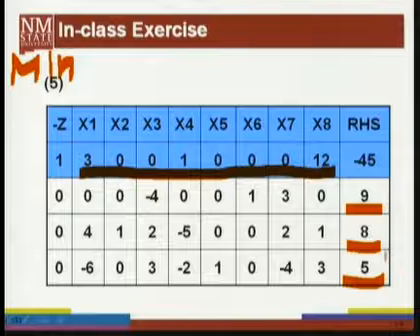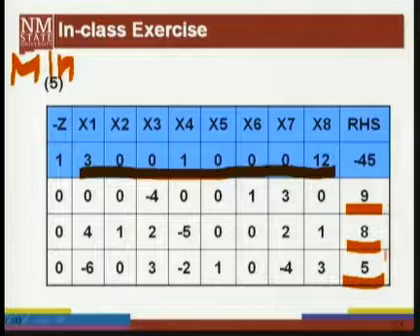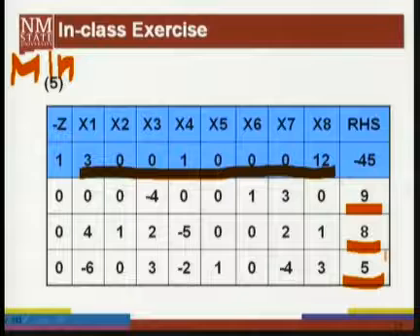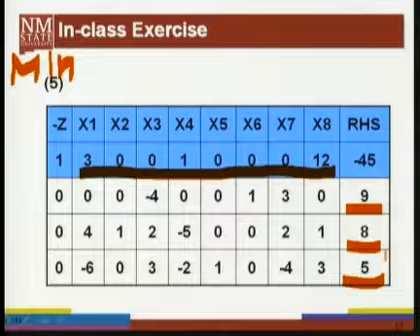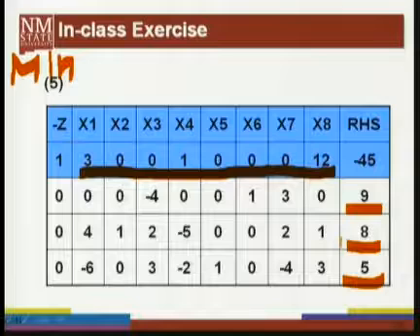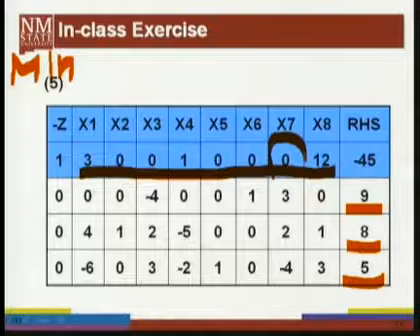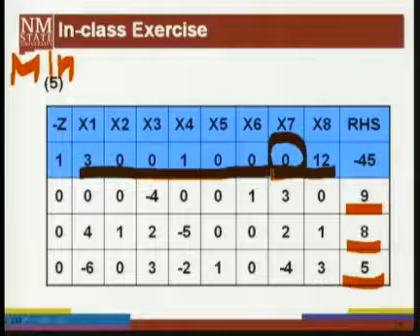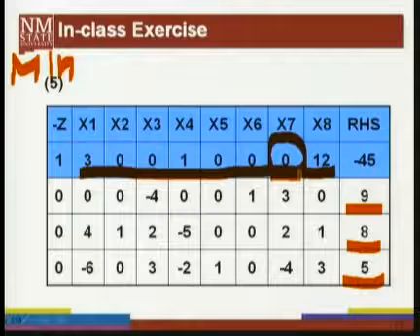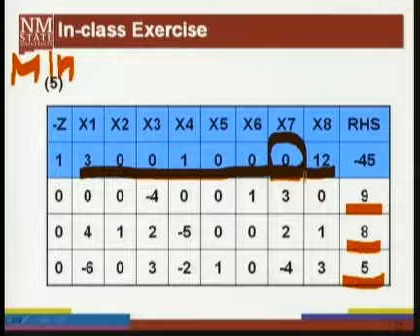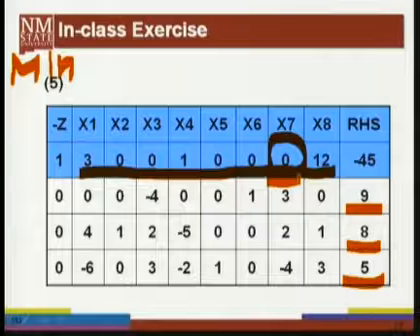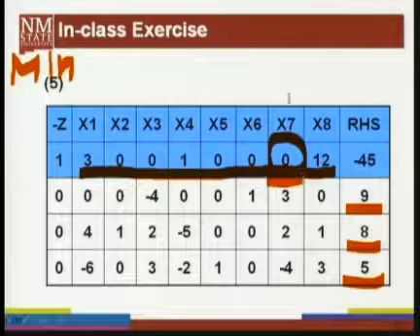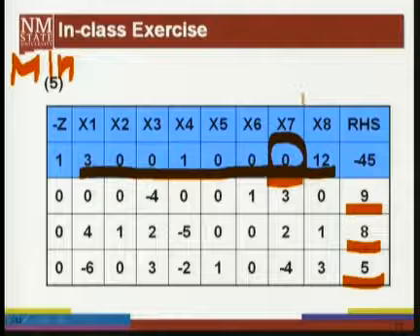And how did you know that it is multiple optimum? Here, one of the non-basic variable, which is X7 in this case, has a zero reduced cost, right? Which tells us the increasing X7 variable from zero value, because X7 is the non-basic variable, which means it has the zero value.